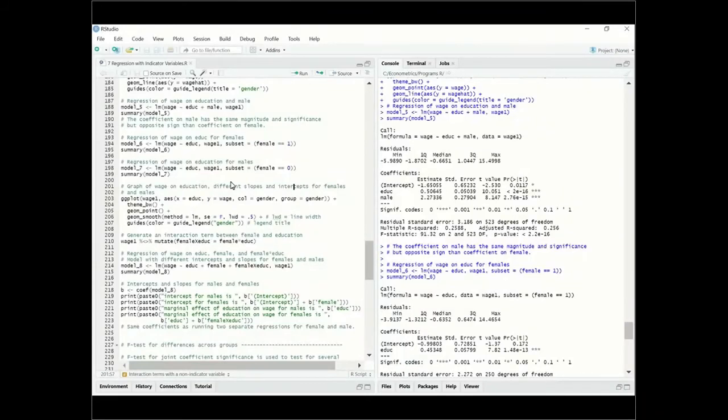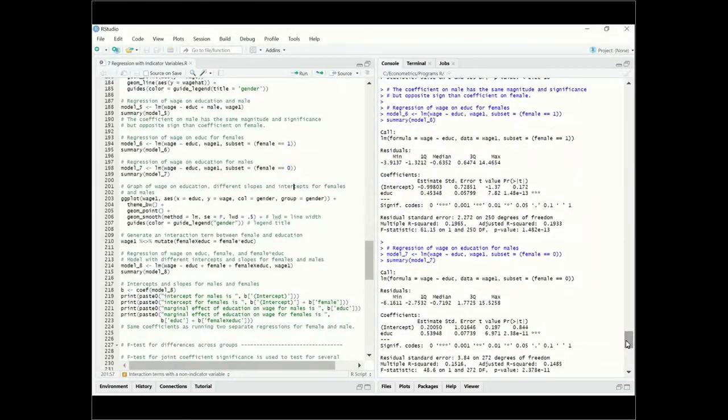What that affords us is different intercepts and different slopes for males and females. So let's see how this plays out. These are the regression results for females, where female equals 1.